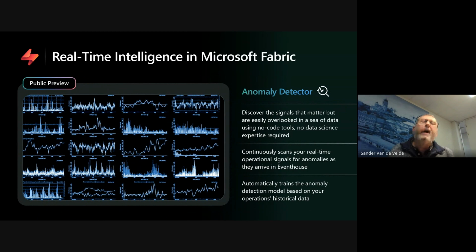And you can even automate it into an action that you say, if an anomaly occurs, let me get an email or a Teams call or a ticket in a ticketing system. So Microsoft is making anomaly detection available for those who are not a data scientist.